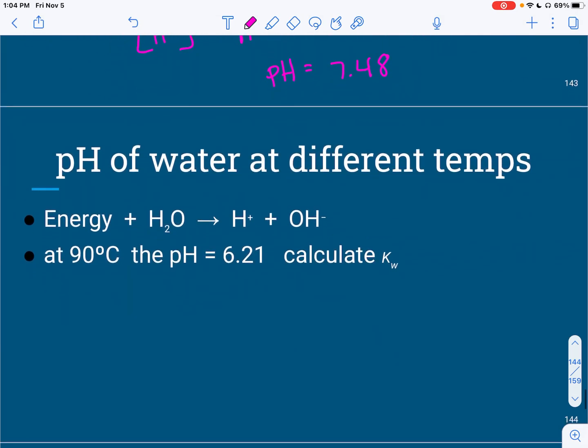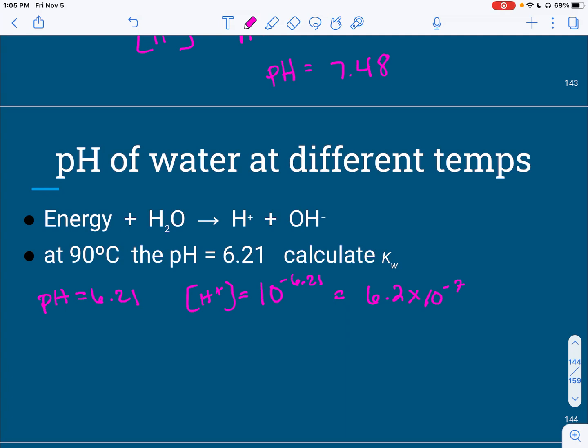Okay, we can do the same thing, but we're going to do a little opposite here. At 90 degrees Celsius, the pH of water is 6.21. Calculate the Kw. So that's going to go back the opposite way. If the pH is 6.21, the H+ we know is 10 to the negative pH, which is equal to 6.2 times 10 to the negative 7.